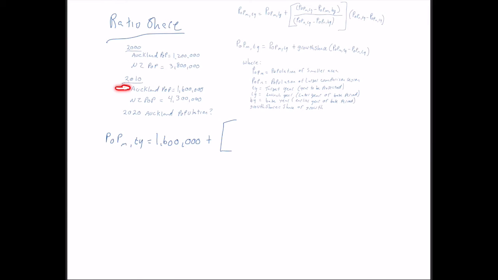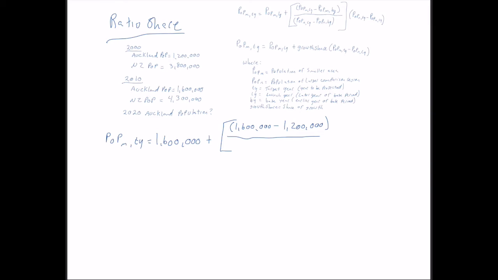And the growth share formula, again, in the numerator, or the top part of the equation, is the population in our smaller area in the launch year, so again 1.6 million, minus the population in our smaller area in the base year, which is 1.2 million. So we'll get the additional population in that decade in the numerator in Auckland.